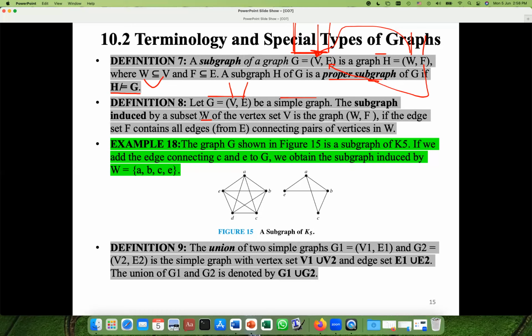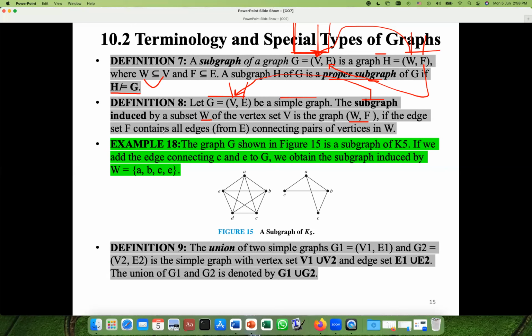So now you will have the subset W of the vertex set V. So for that subgraph, you will have some set W that would be the subset of this V, okay? And that graph will have W and F like you already have before in the previous definition.